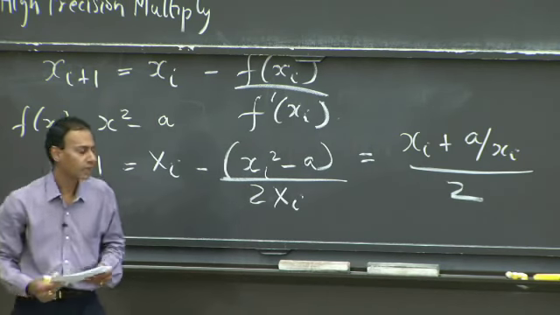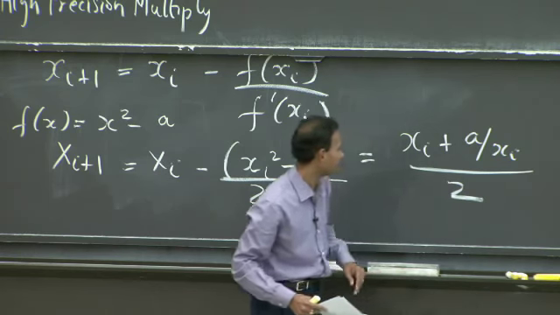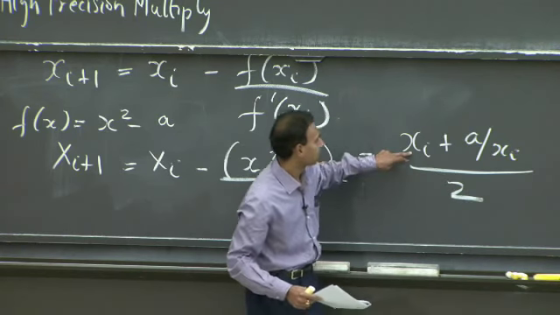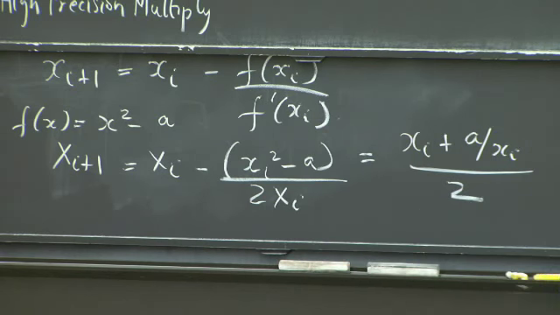So it's fairly straightforward. And if you look at this, remember that a is typically a small number. It's 2 in this case, if you're computing square root of 2. It may even be an integer, maybe a fraction. But you have to do a division here.